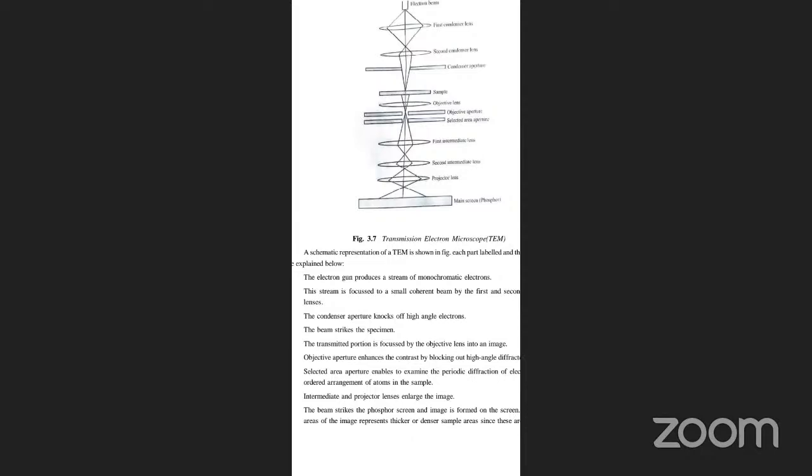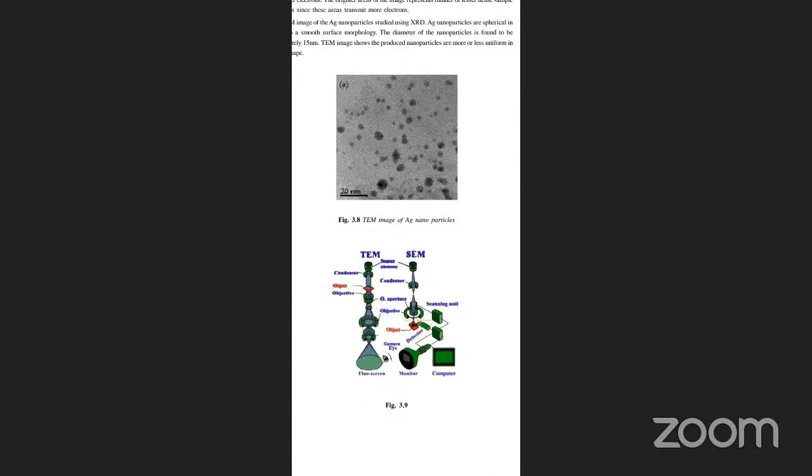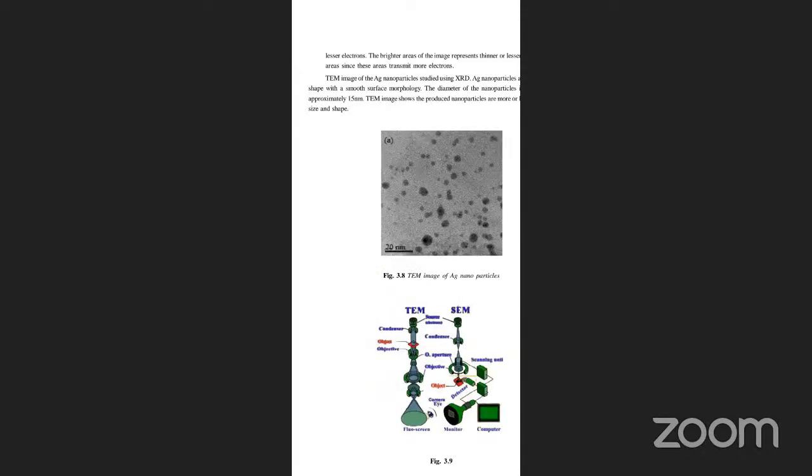The darker areas of the image represent thicker, denser sample areas since these transmit lesser electrons.